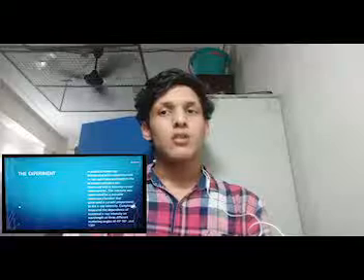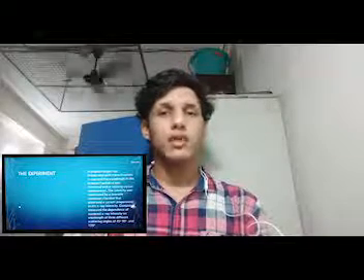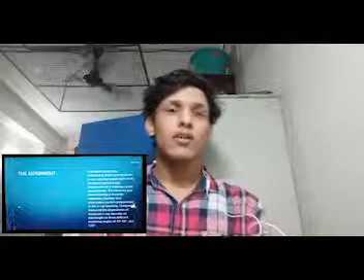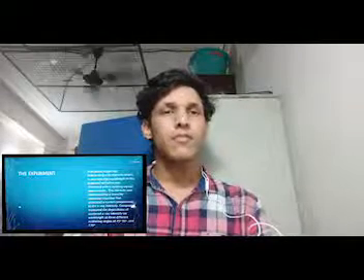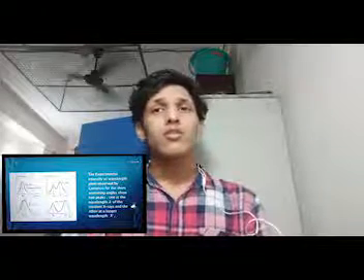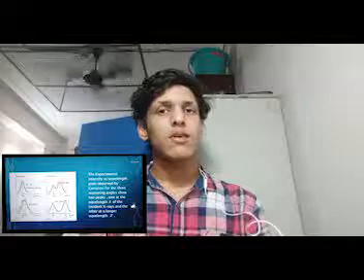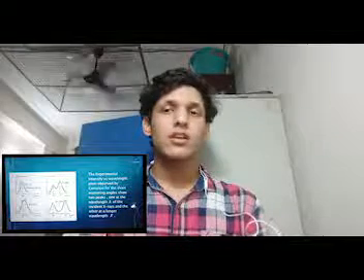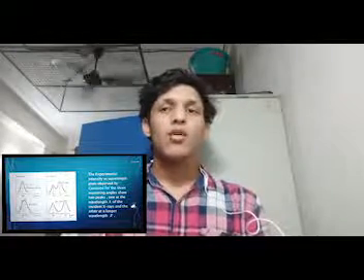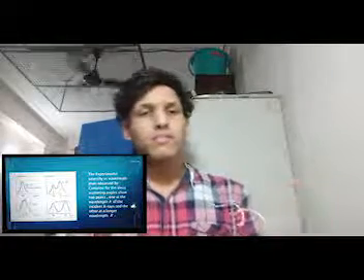Compton measured the dependence of the scattered X-ray intensity on wavelength at three different scattering angles of 45 degrees, 90 degrees and 135 degrees. The experimental intensity versus wavelength plots observed by Compton for the three scattering angles show two peaks, one at the wavelength of the incident X-rays and one at the longer wavelength lambda dash. You can see in the graphs.